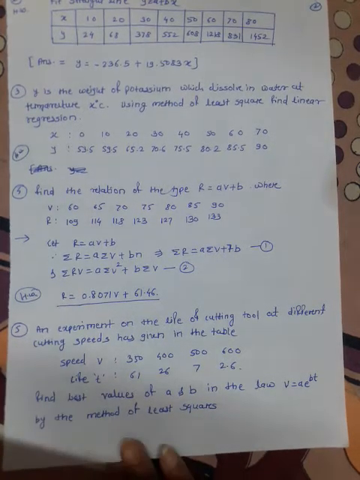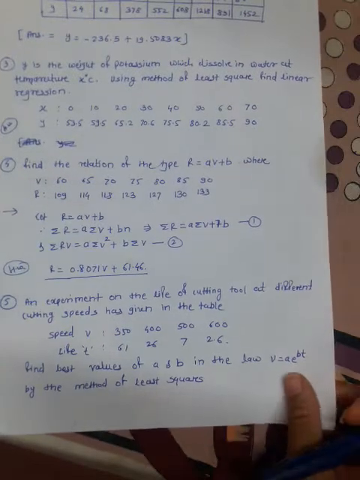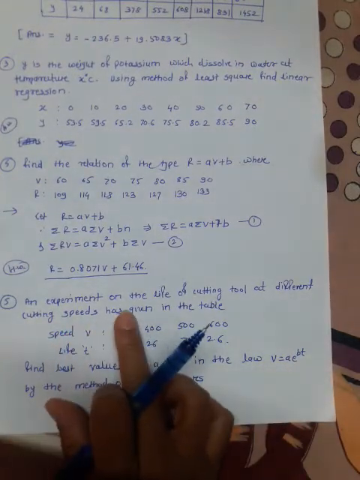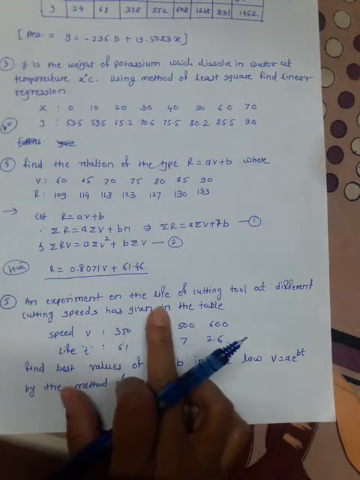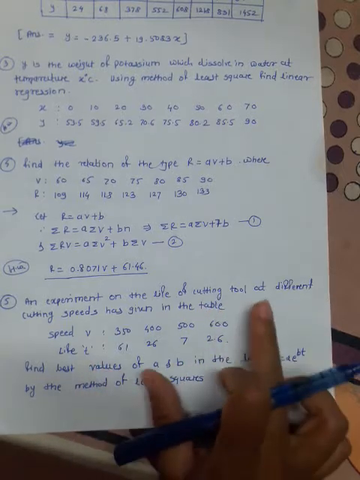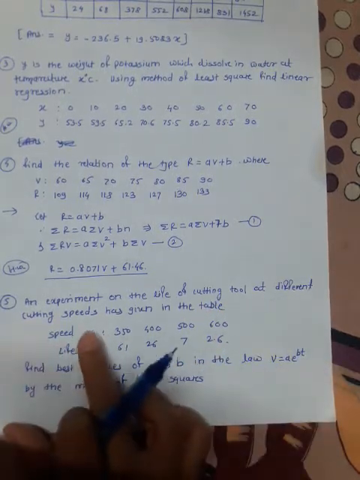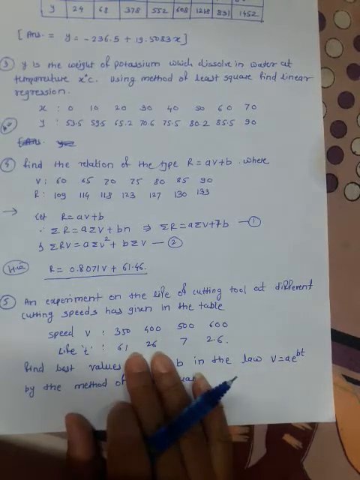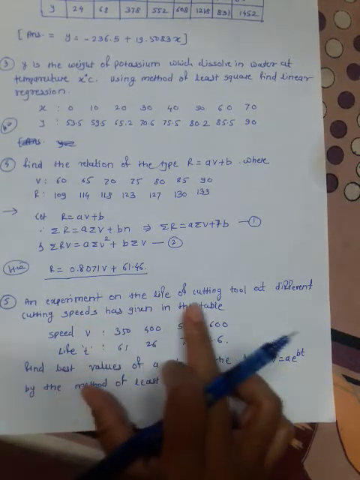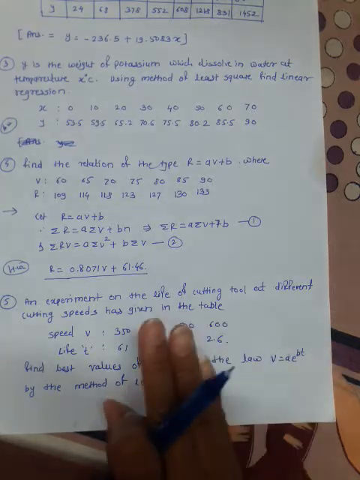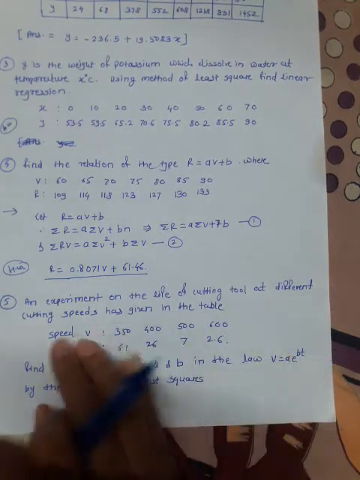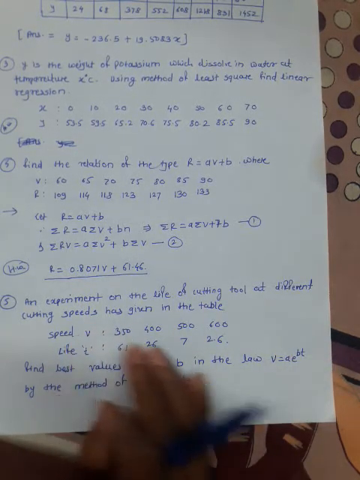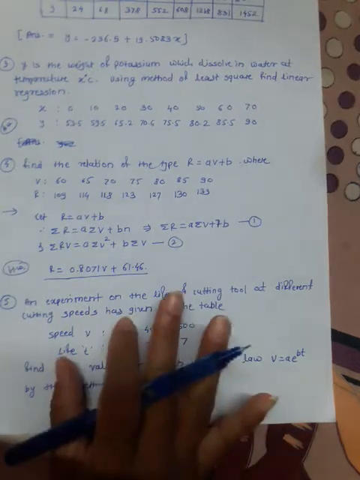Now next one, an experiment on the life of the cutting tool at different cutting speeds has been given in the following table. What have we been given? Life of the cutting tool is given at different cutting speeds, and that cutting speed is given.